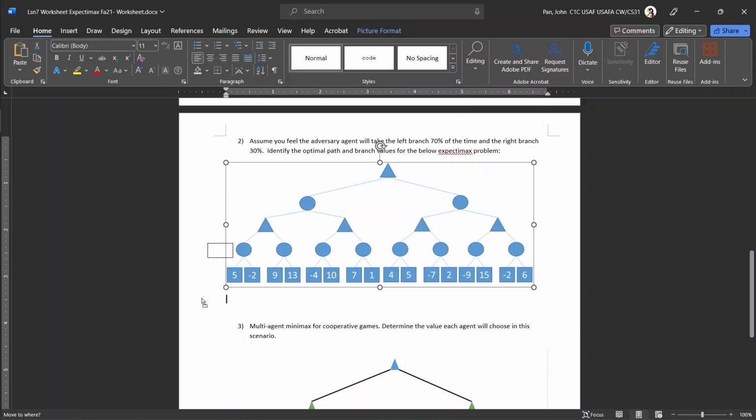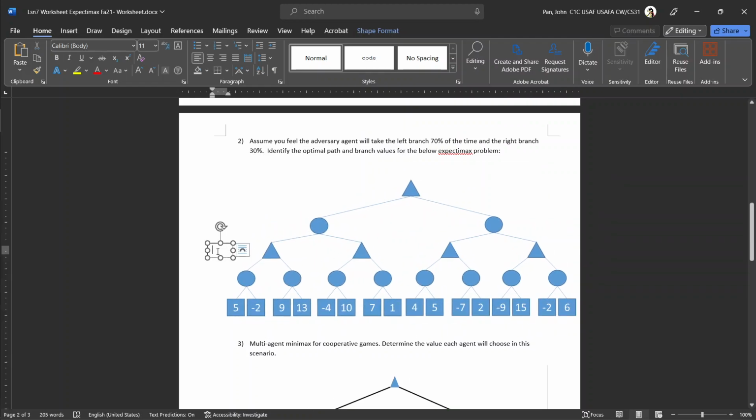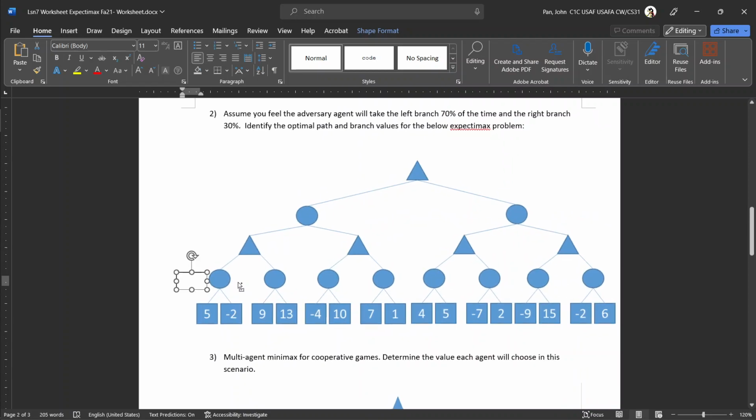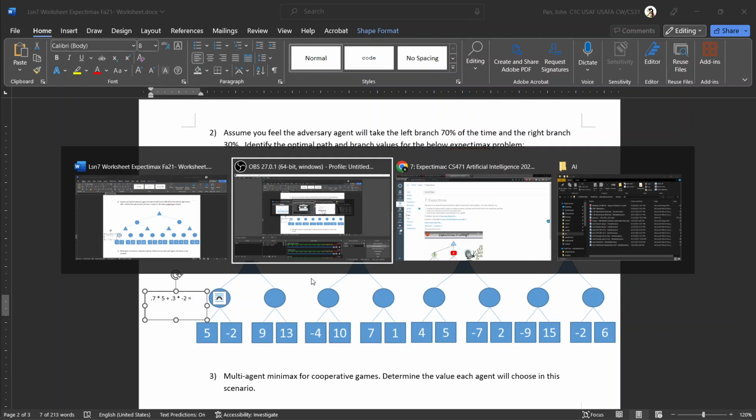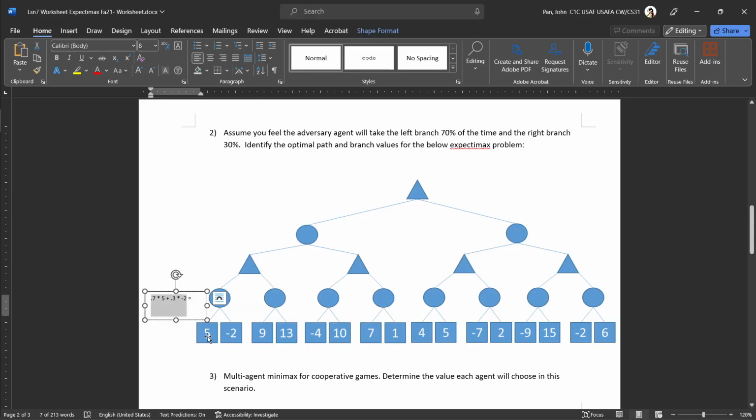So our values are going to be, let's make this a tad bigger, 0.7, because we go there 70% of the time, times 5, the value of the left branch, plus 0.3 times -2 equals, make this a little smaller, that equals, plug into the calculator, 2.9.